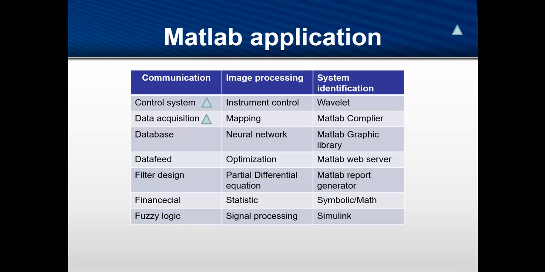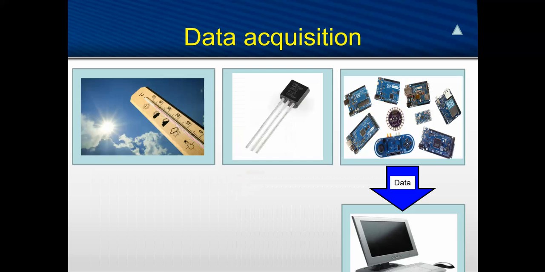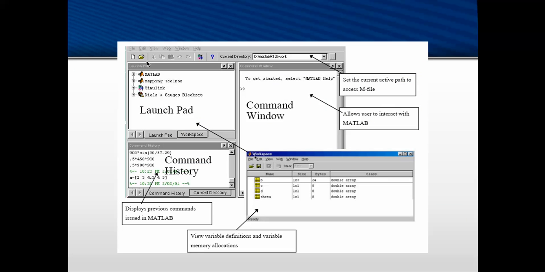Okay, first of all, let me introduce the first page that you see when you open the program. The program might differ between versions of Matlab, but the main structure is still the same.